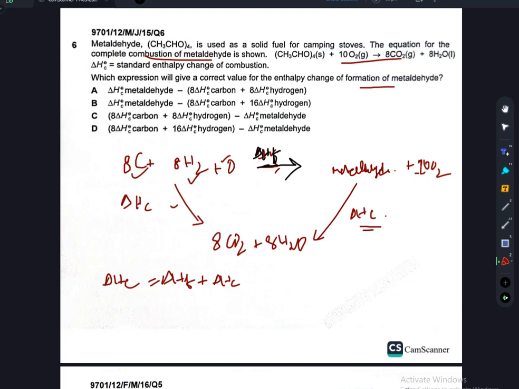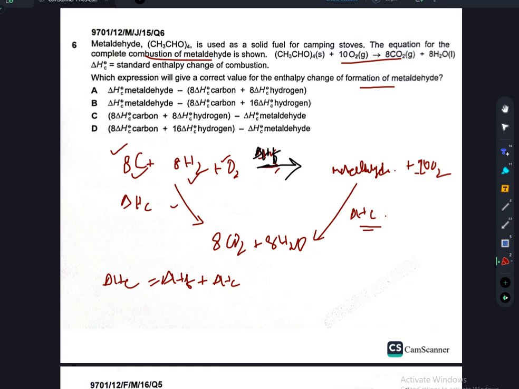When you go for the combustion diagram, you always write elements in their normal physical states. So I must be writing O2 here as well. If I would write 16H, it means that the hydrogen molecules have been atomized, which we obviously do not want here. We want them to be molecules. So you write molecules here, and that's why it is 8H2, not 16H.